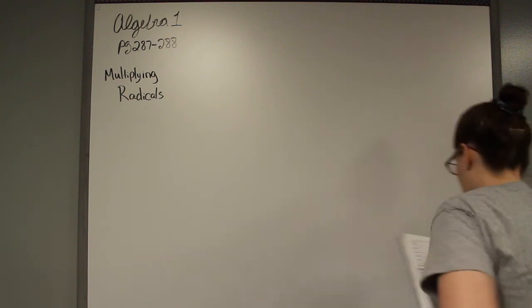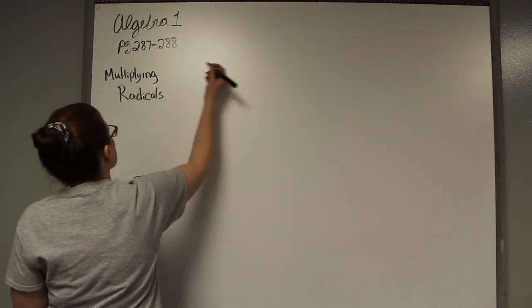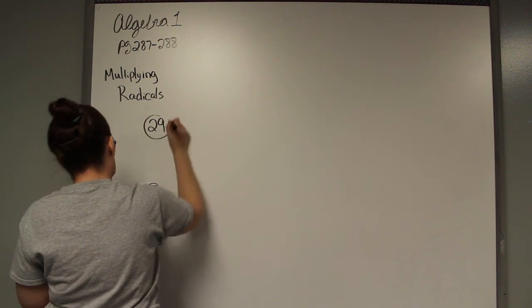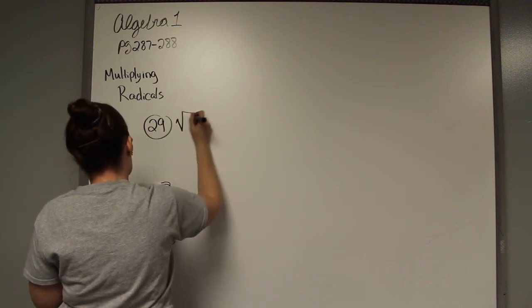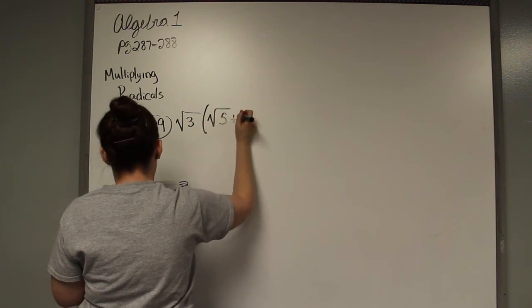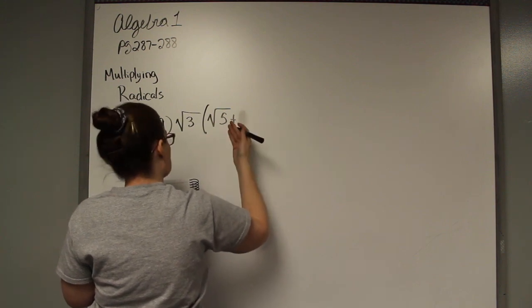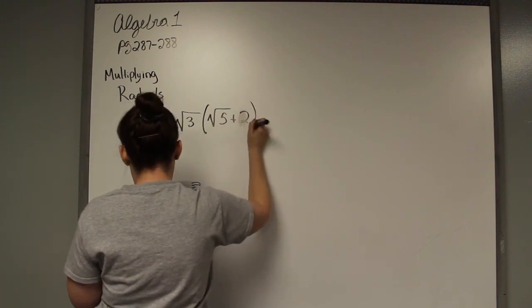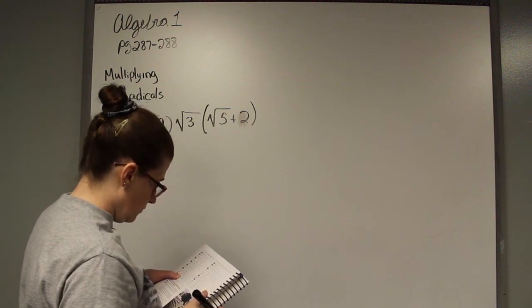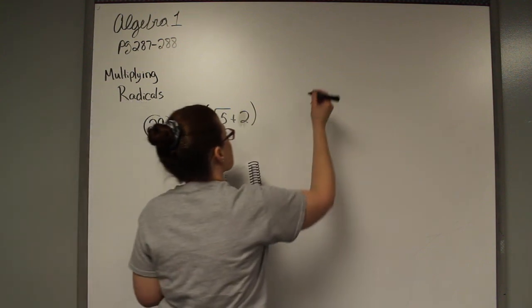So what did I have? I had 29. Not in this area. I'll put 29 right here. Whoop, that's not a radical. Yuck. And we will do, let's see, 36.